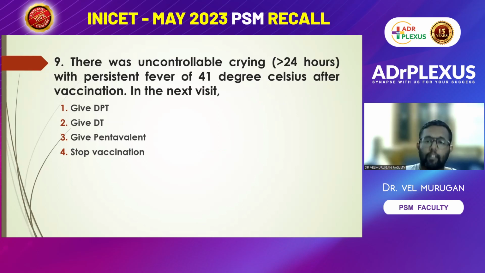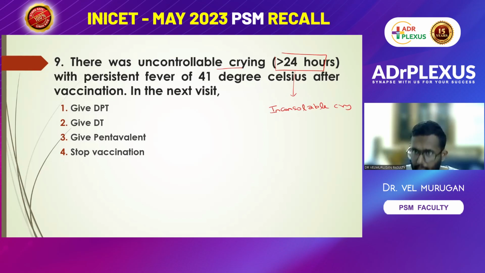Still, there was uncontrollable crying of a child for more than 24 hours. When the crying is more than 24 hours, we can consider this an inconsolable cry. Normally you see babies cry after the vaccine is put, which is normal, so don't just go with cry.